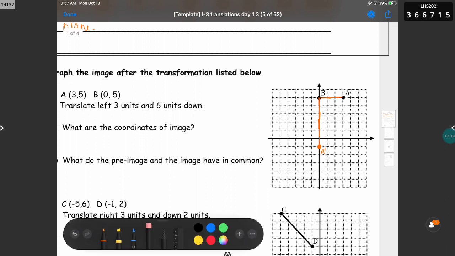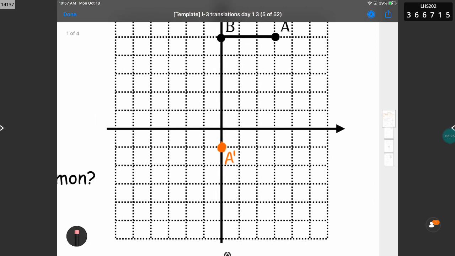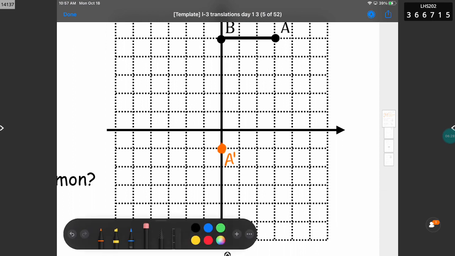I'm going to go ahead and delete my lines because I don't want them there to confuse me, and I only want the point that I translated. So make sure if you're putting those points that you do go back and erase the lines, so it's not confusing as to what your actual point is. You mean the lines from the point? Yeah, the lines. That's right.